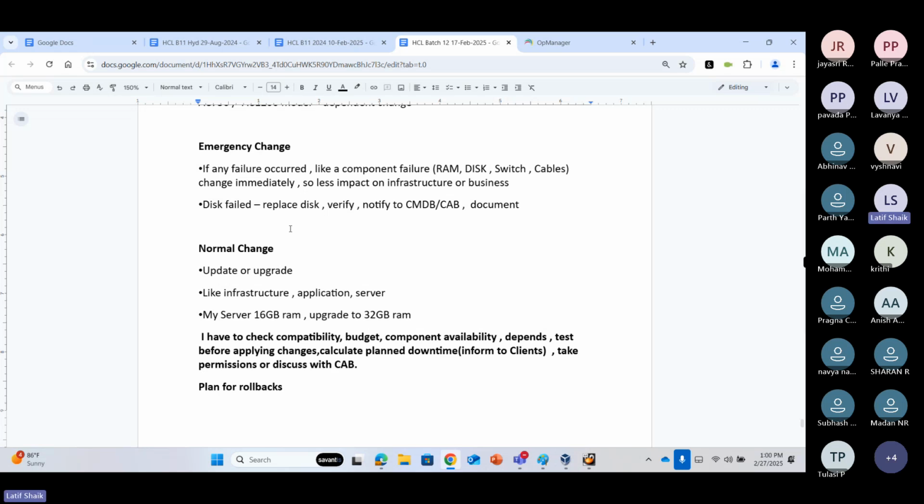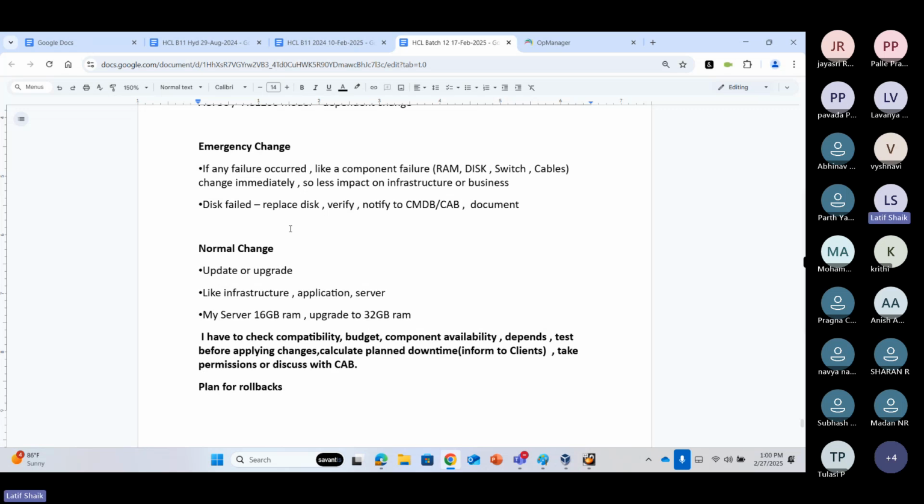You get that information, you run to the data center, open the server room, and check the server. Why did it fail? You open it and see some disk failure, or RAM failure, or some NIC issue. You find it. Disk failure, for example, is the example.